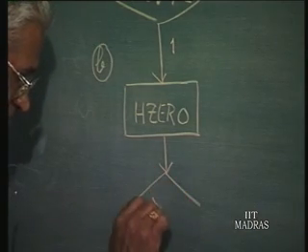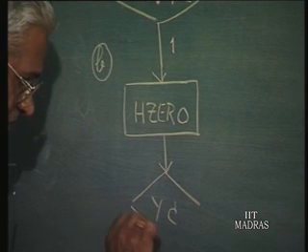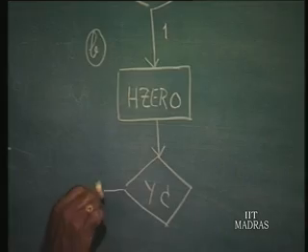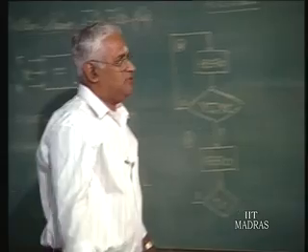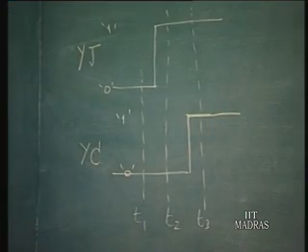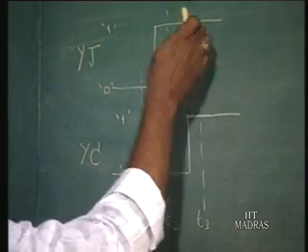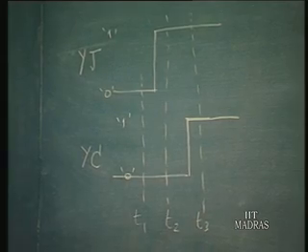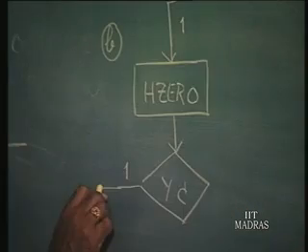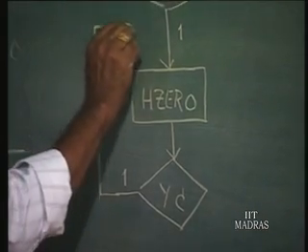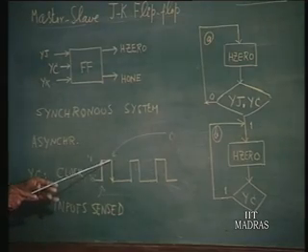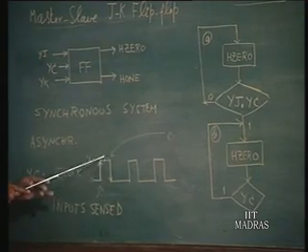Yc is all that has to be checked next, mainly because as long as Yc is 1, that is this duration, we do not know about Yj, we will come to that later and fill in. As long as Yc is 1, this will continue to be in the same state, because the output should change only when Yc falls to 0.